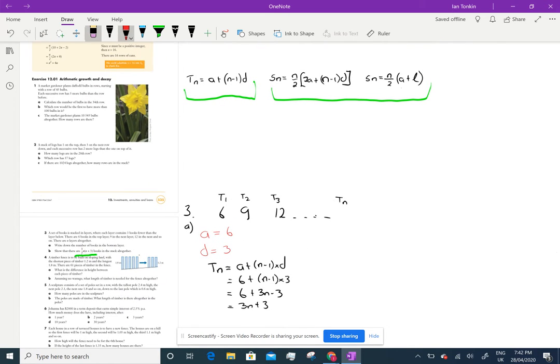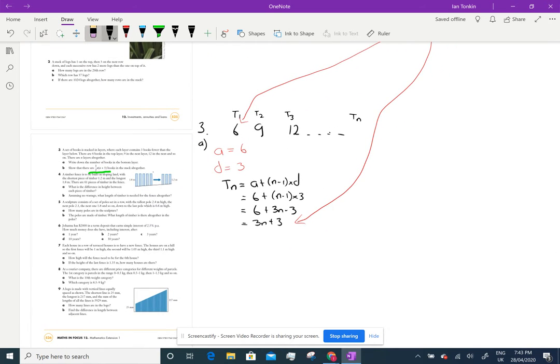You could use this formula here, and I think that's what they do. But I'm going to use this formula because I know A is 6, and I know the nth layer is 3n plus 3 because I just worked it out.